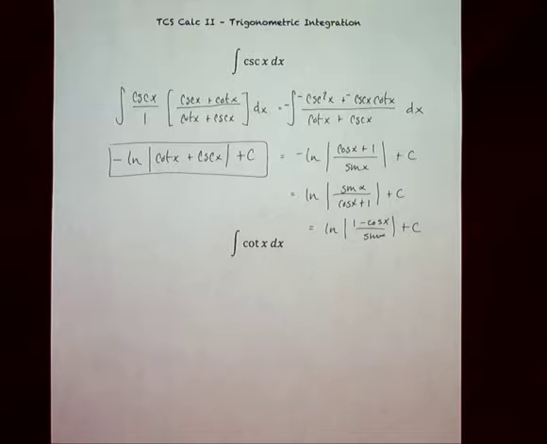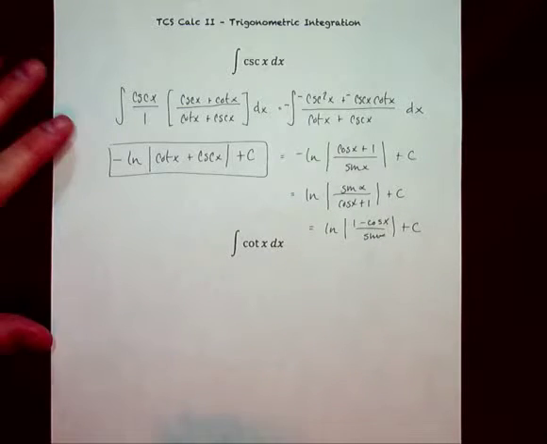So there's a veritable cornucopia of ways that you can change the form of that one. I'm just trying to show you that there are several ways to do it.